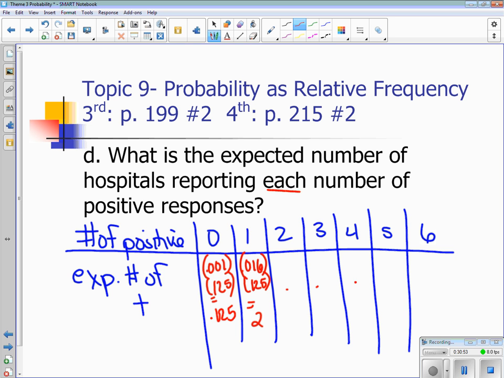It says each, right? Is it 4? The next one? I got 10.25. I'll write the answers. So I have 10.25 here. I had 23.375 here. I had 41.25 here, 33, and 11. That's what I got.